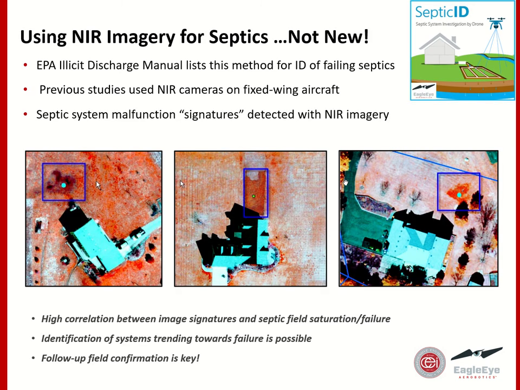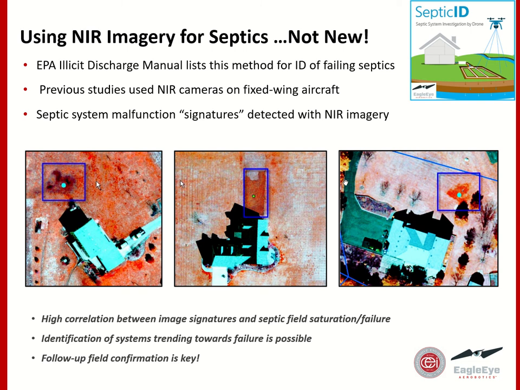Using near-infrared imagery for septic system investigations is not a new technique. In fact, the US EPA Illicit Discharge Manual includes this method as an accepted approach for identification of failing septic systems. Previous studies have used near-infrared cameras on fixed-wing aircraft for this purpose, but at a much higher altitude than is possible with drones.